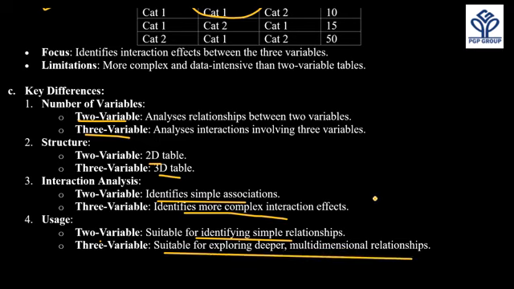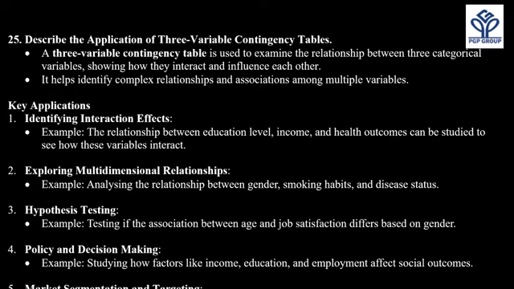Question number 25, applications of three variable contingency table. So for writing the applications, there is no limit. Okay, so you can write any example where three variables are used. Okay, so I'm just giving a list here. Okay, don't memorize the running text. Okay, if you just know the headings, it is enough.